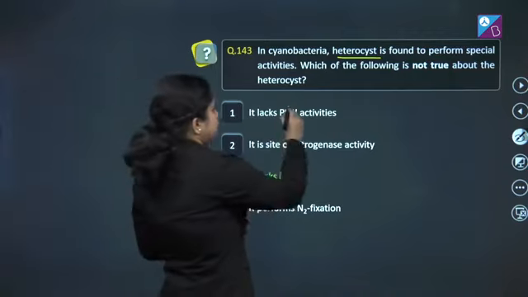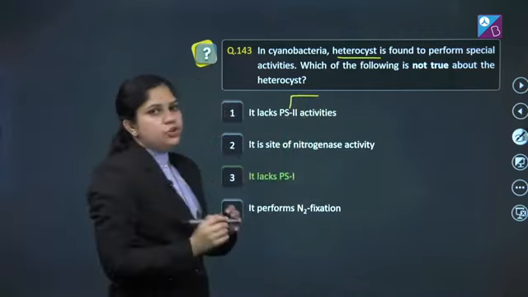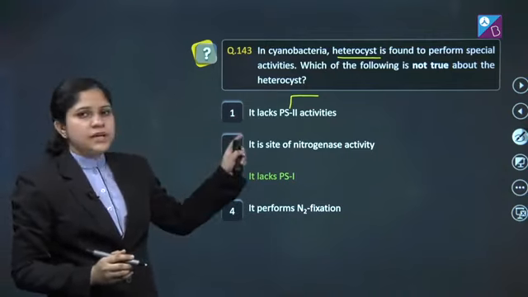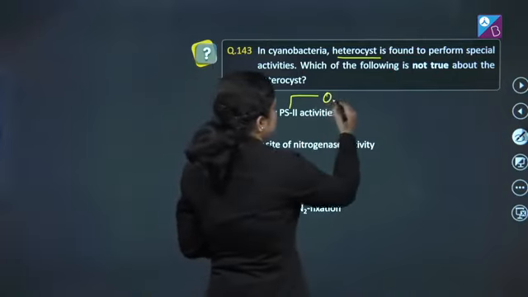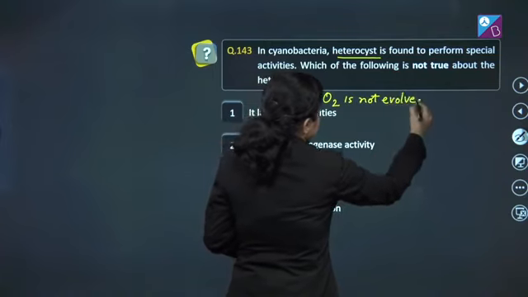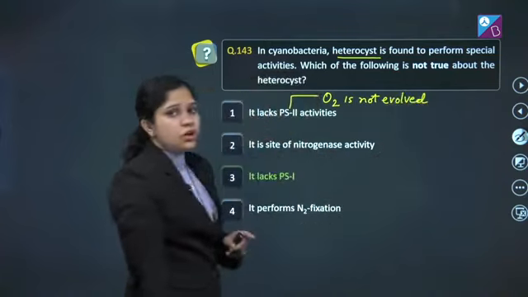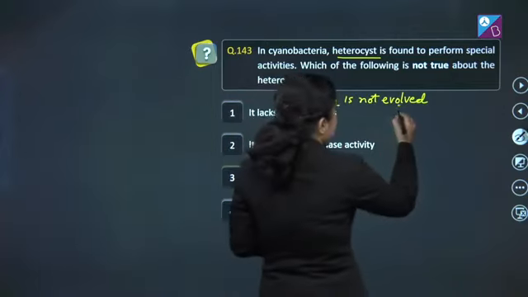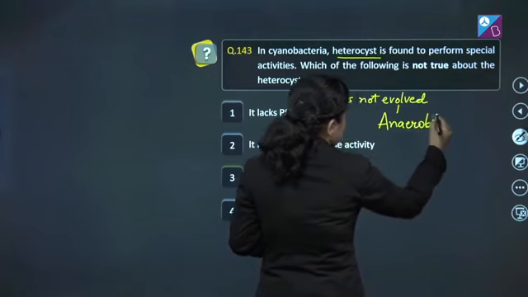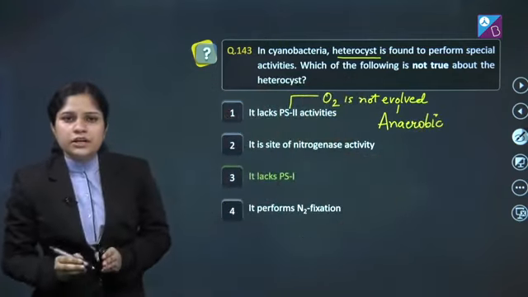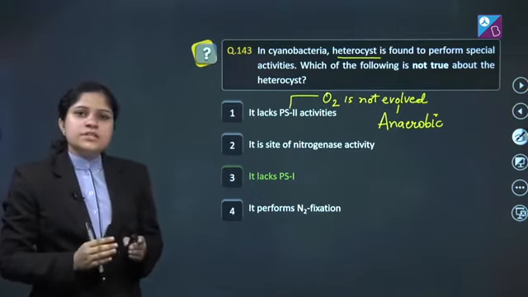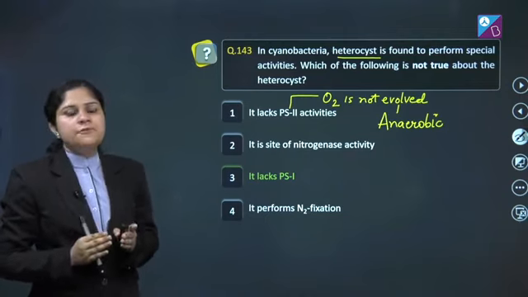We know that PS2 usually involves the liberation of oxygen, and if heterocyst lacks PS2, then oxygen is not evolved, and if oxygen is not evolved, it will create anaerobic conditions, and these anaerobic conditions will further help the enzyme nitrogenase, which is responsible for nitrogen fixation, to work efficiently.